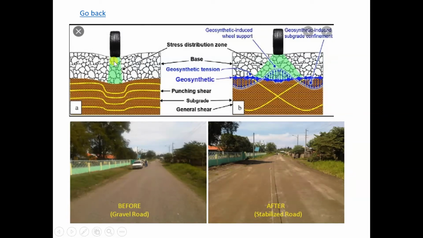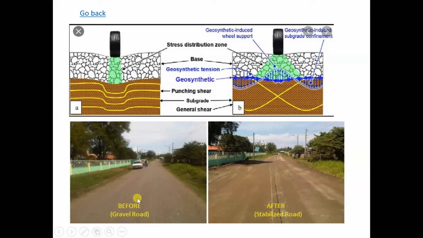On the left hand side, without the geotextile or geosynthetic, the loading provides a bigger effect underneath it. Whereas on the right hand side, the geotextile helps to distribute the loading, and it doesn't provide a high stress area underneath the wheel.